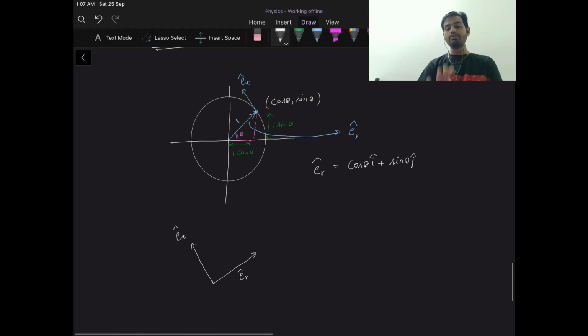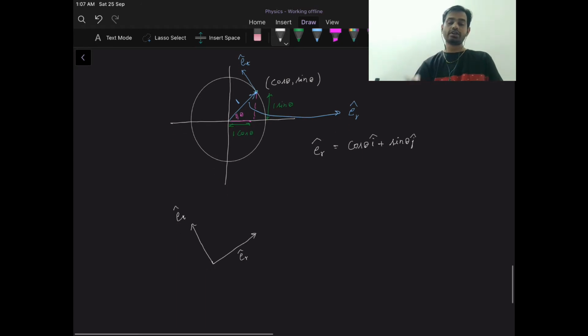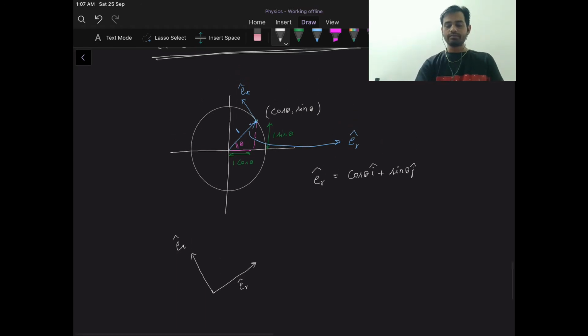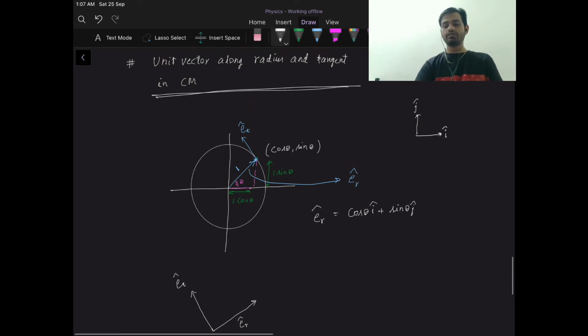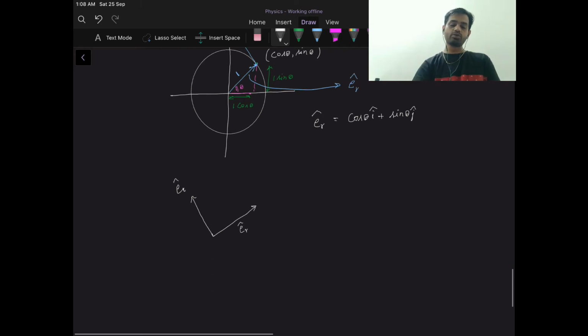We can have one more unit vector. How? If this is i cap and this is j cap, then what is the direction of k cap? The direction of k cap is perpendicular to the plane and it is out of the plane, so k cap will be in the upward direction. Understood?